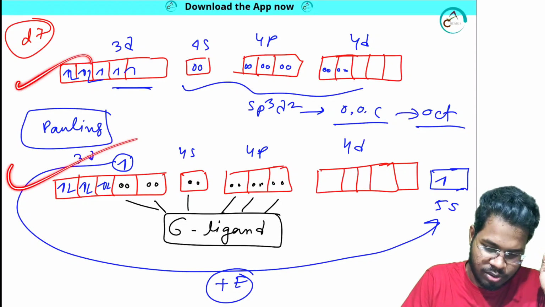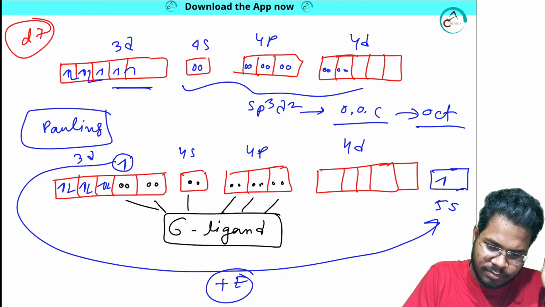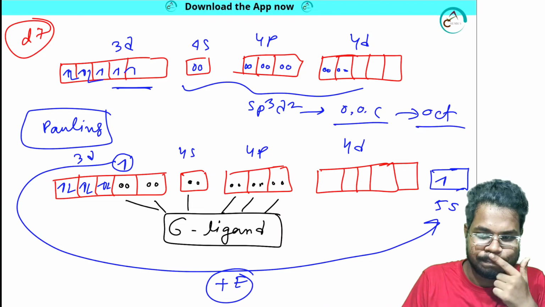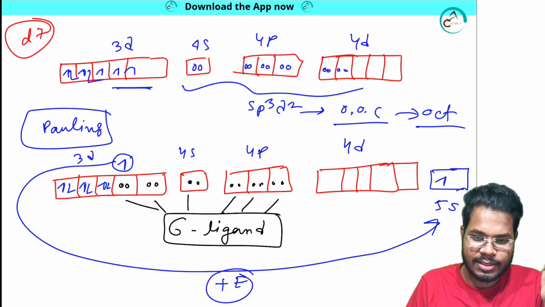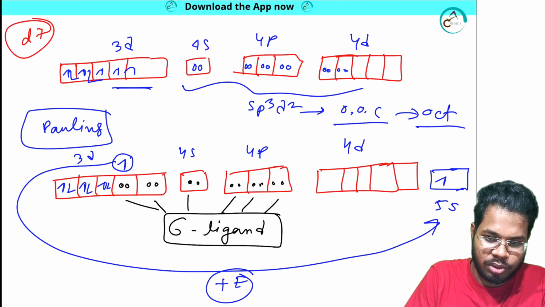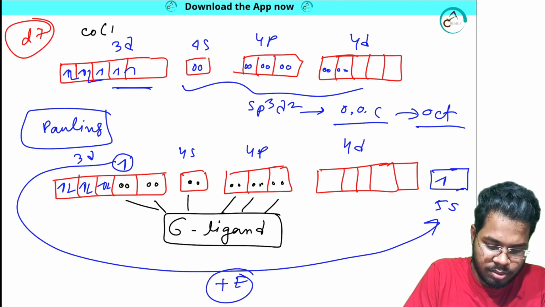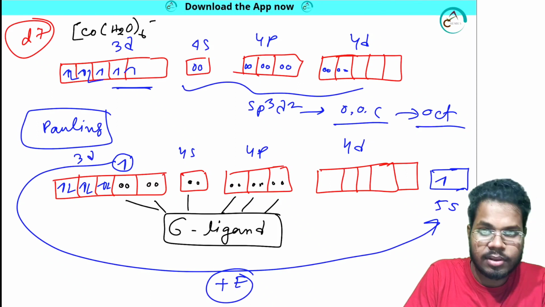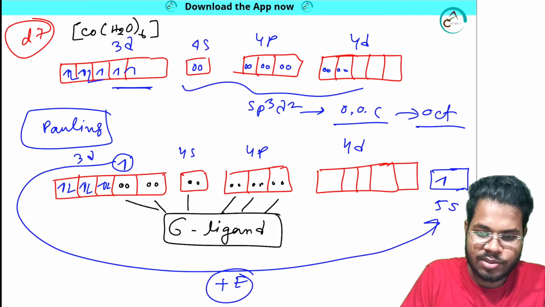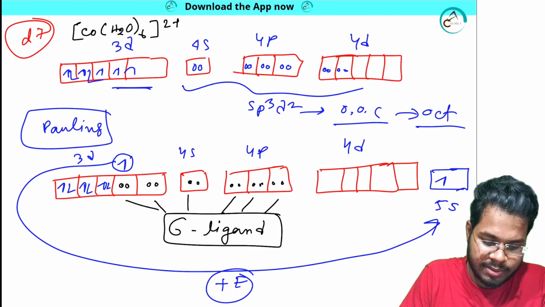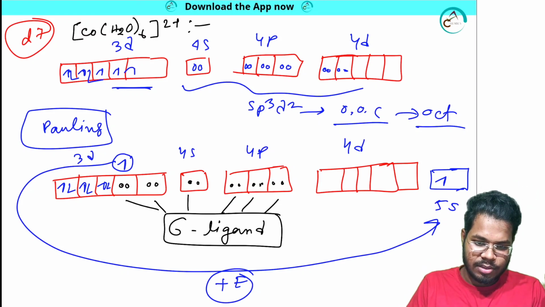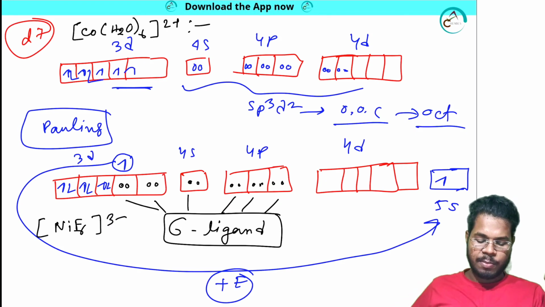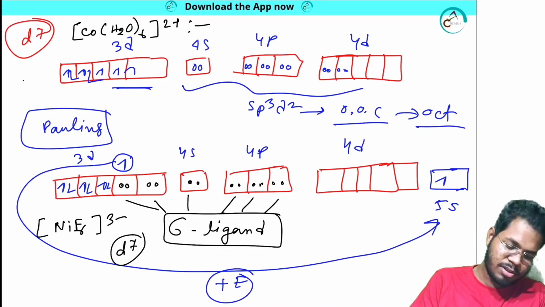For the first case, the first one is an inner orbital and outer orbital complex, like Co(H2O)6 2+, and another one is NiF6 3-. Done. So both are D7 systems.